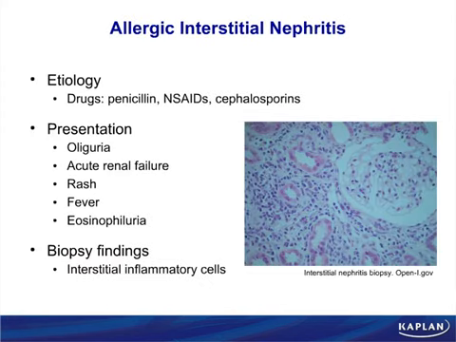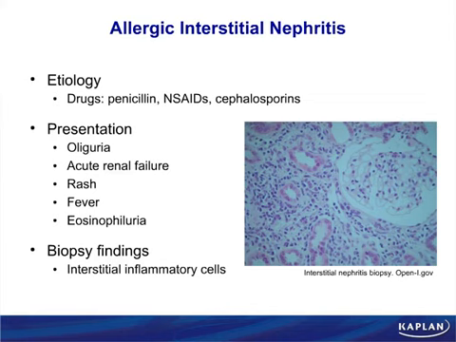So another cause of intrinsic renal failure is allergic interstitial nephritis. This could be caused by certain drugs such as penicillins, NSAIDs, cephalosporins. Patients with allergic interstitial nephritis present with oliguria, acute renal failure, with a rash and a fever. And classically, they will have eosinophils in the urine.